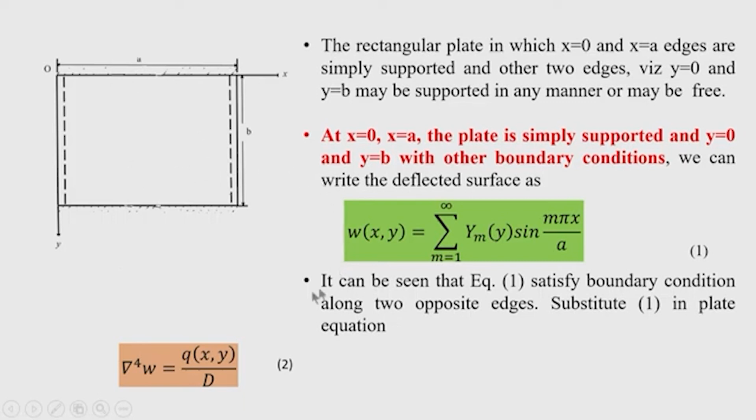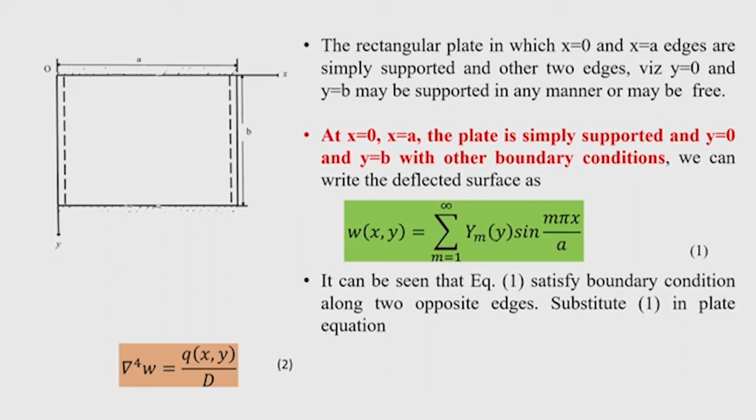Okay. Now, the plate equation, equation number 2, is well known to you: del 4 w equal to q(x, y) divided by D, where del 4 is the biharmonic operator, that is del 4 by del x 4 plus 2 del 4 by del x square del y square plus del 4 by del y to the power 4.